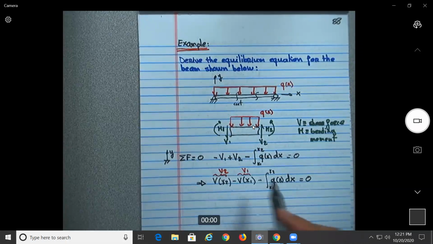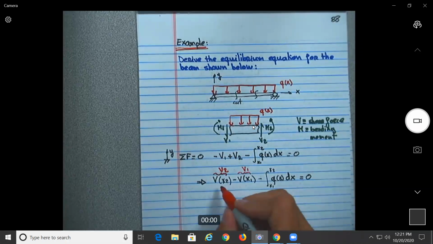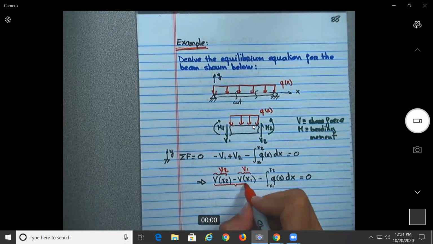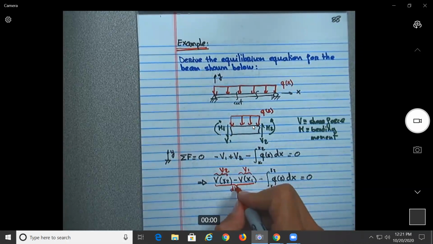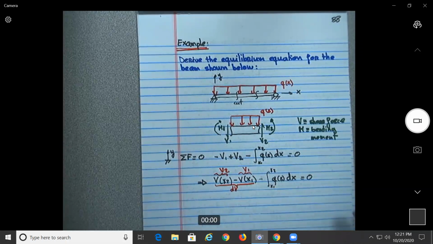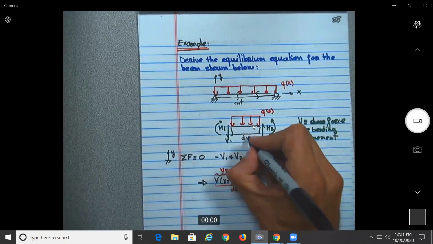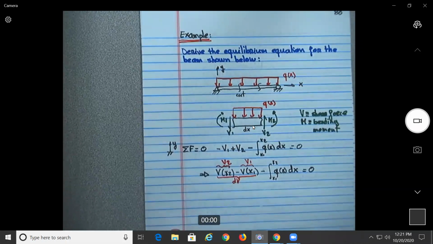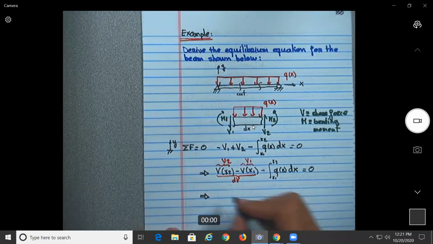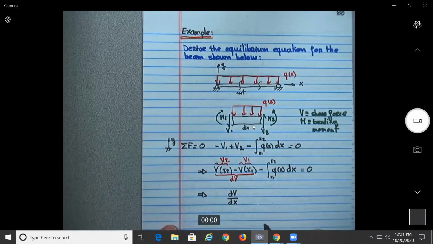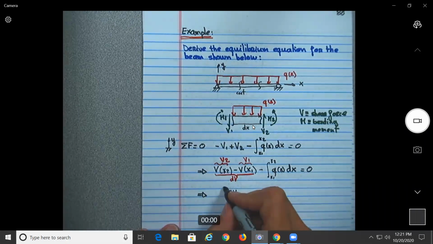Okay, so really, what is this term over here? It is dV, no? Okay, so what I can do now is divide by the length of the element, and I will get what? This term over here will be dV/dx integrated between x1 and x2.